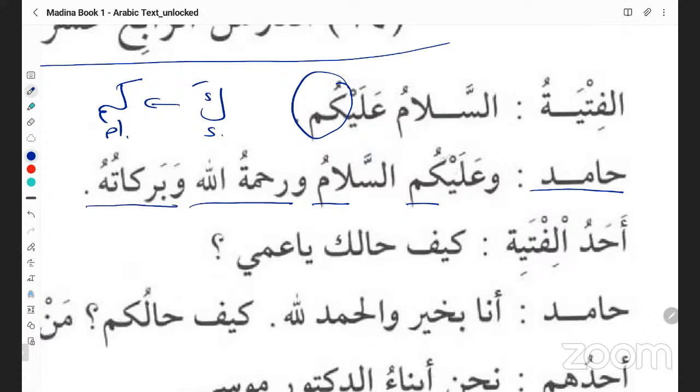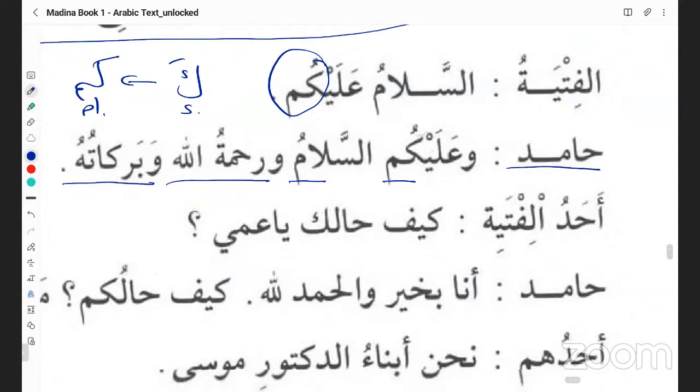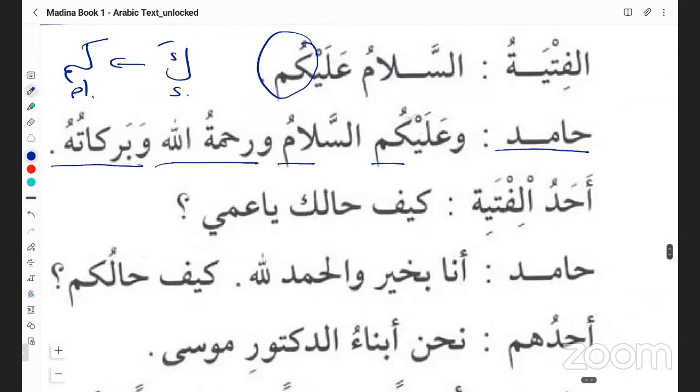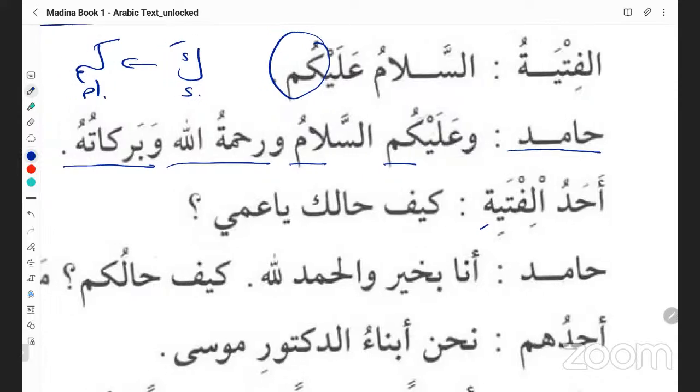So upon you be the peace, the mercy and the blessings of Allah. Ahadul fityati. Ahad means one, so one of the young boys that are speaking now.